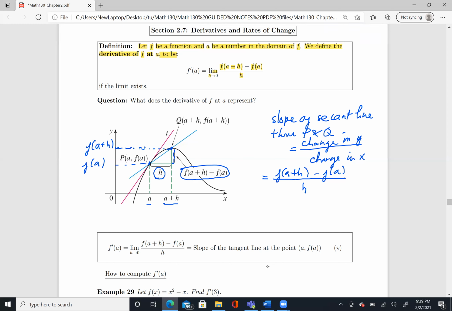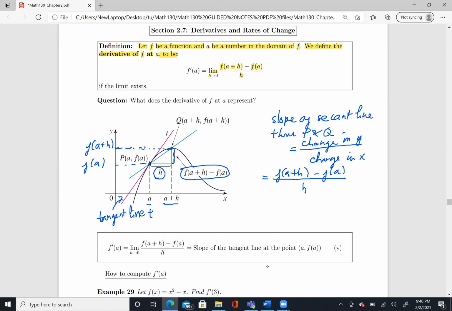We have a red line here, which we call the tangent line, T. What we want to know is the slope of this tangent line, and how can I find it? We're actually going to take the limit.